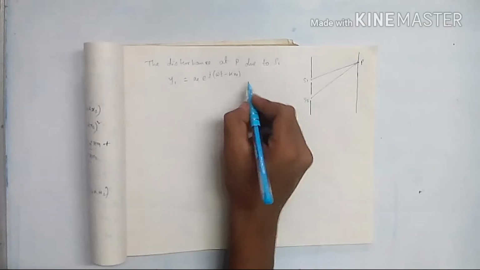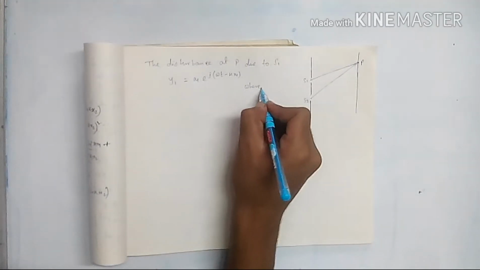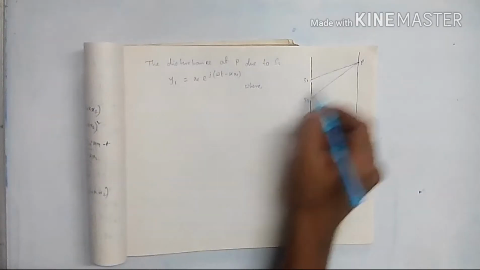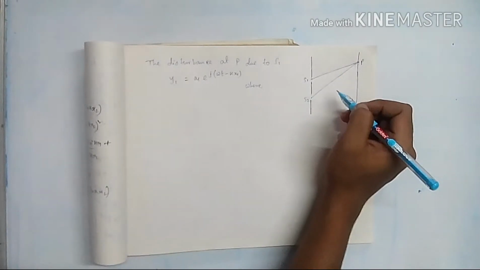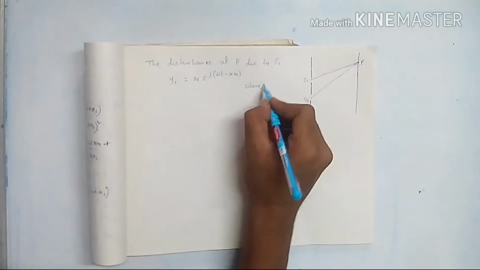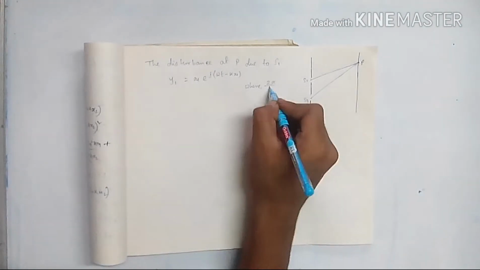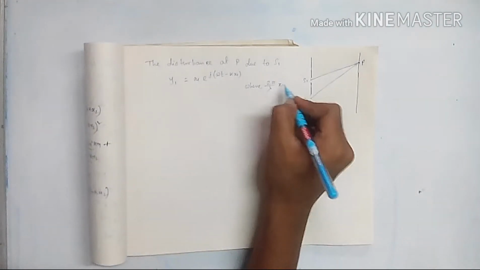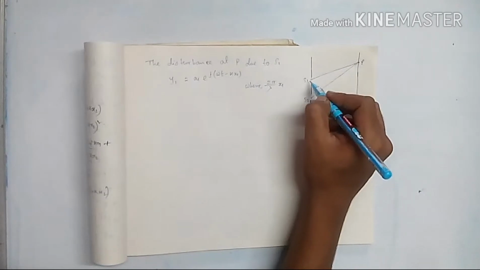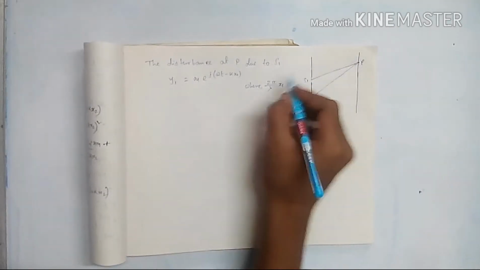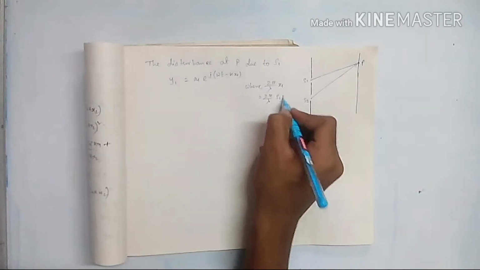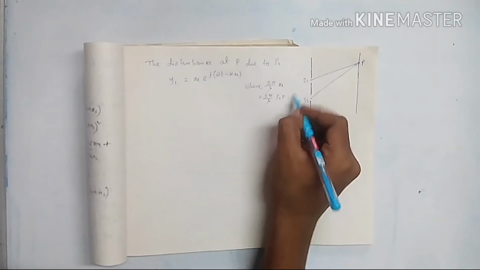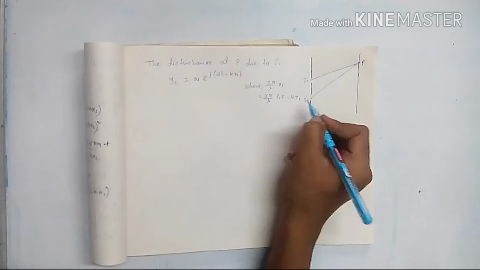What is kx1? This is the phase difference of these two waves, 2 pi by lambda times x1. What is x1? x1 is S1P. So we can write 2 pi by lambda S1P, and this is k and x1.